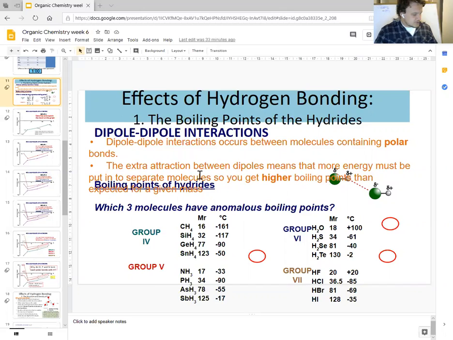This touches on boiling point a little bit. Basically, the stronger the bonds between the molecules, the more energy required to break them. Therefore, the higher the boiling point.